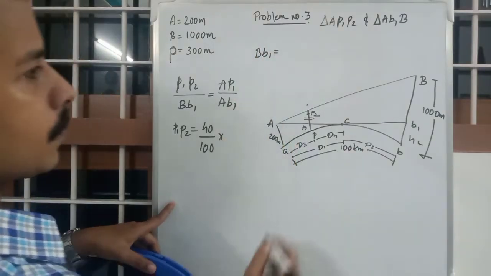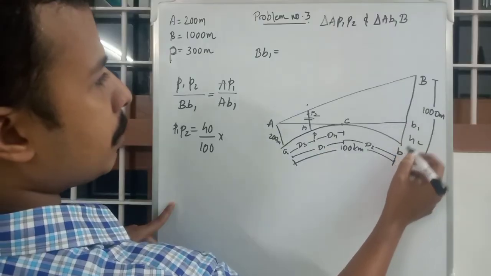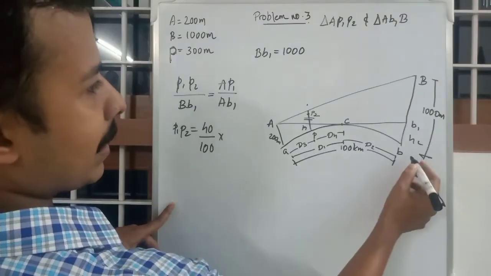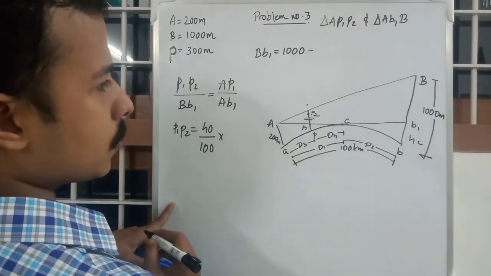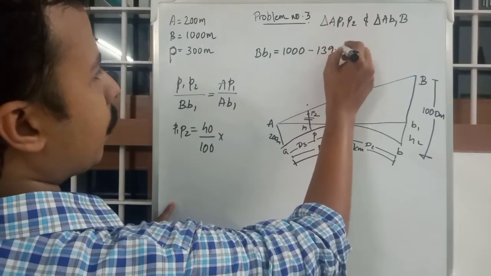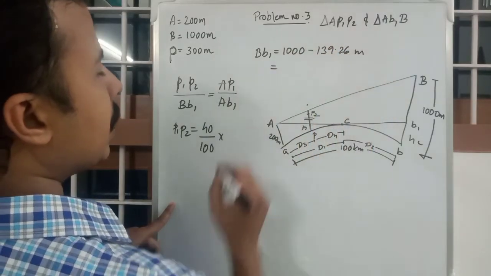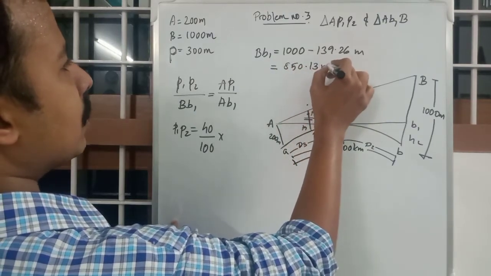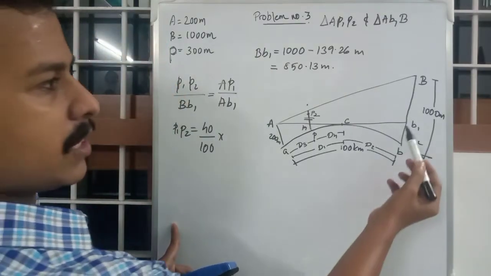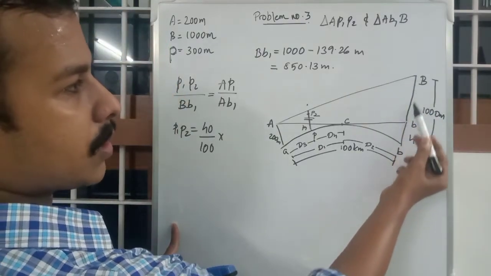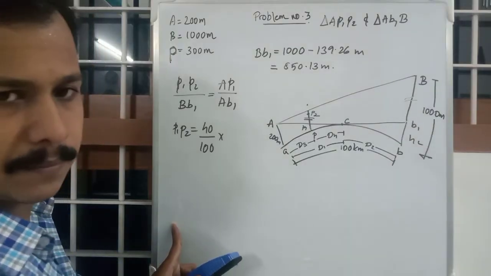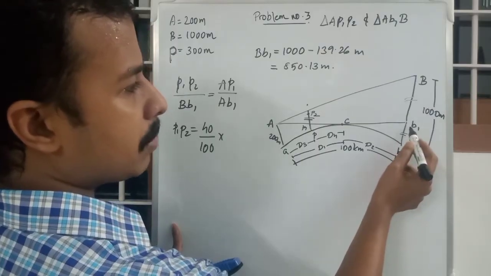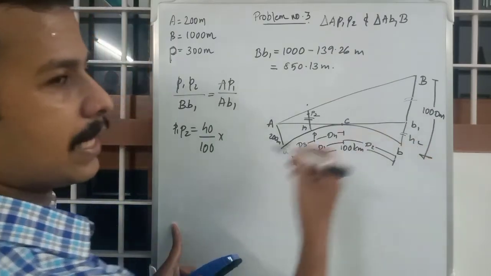BB1 is equal to capital B small b, which is 1000 meters minus H2, that is 139.26 meters. BB1 is equal to 850.13 meters. We just need BB1, this distance or height. We have already calculated small b, BB1 as H2 in the first phase.